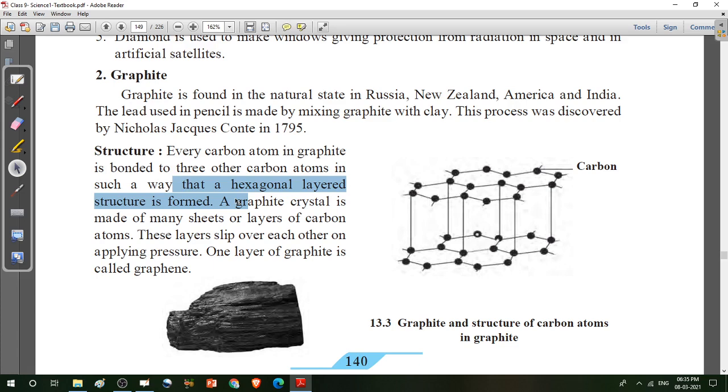So if every carbon atom is bonded with four carbon atoms, they form diamond. But in the case of graphite, every carbon atom is bonded to three other carbon atoms.